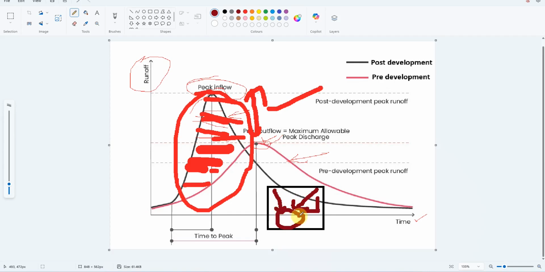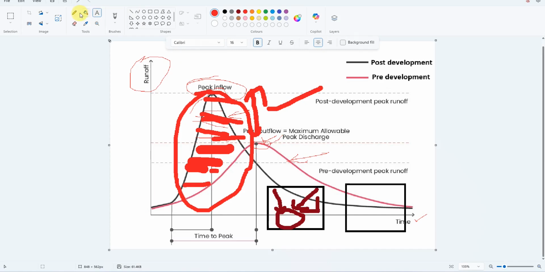And the second option would be the proposal of a detention pond. Suppose I draw the same site, and I propose a detention pond here, and a drainage conveyance system coupled with this detention pond.